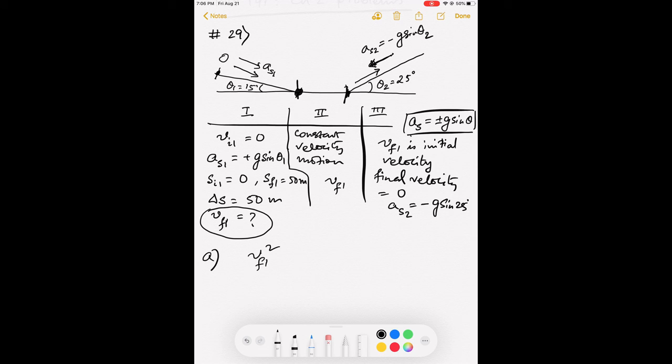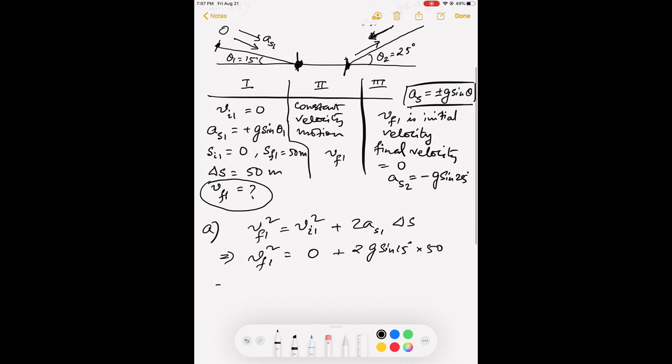If I write vf1 squared equals vi1 squared plus 2a s1 delta s, then we can write this to be 0, and this is 2g sine 15 degrees times 50, right?